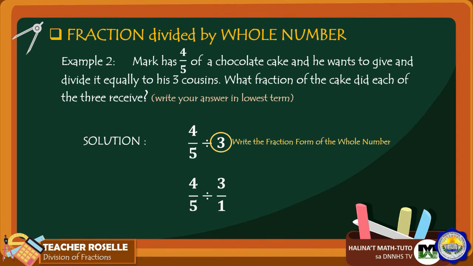Using the butterfly method, we will multiply 4 times 1, which is equal to 4. Write 4 on the numerator. Next, multiply 5 times 3, and that gives us 15. Write 15 on the denominator. Since it is already in simplest form, our final answer is 4 over 15.